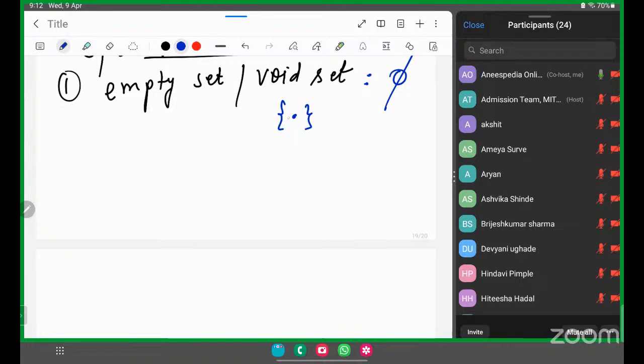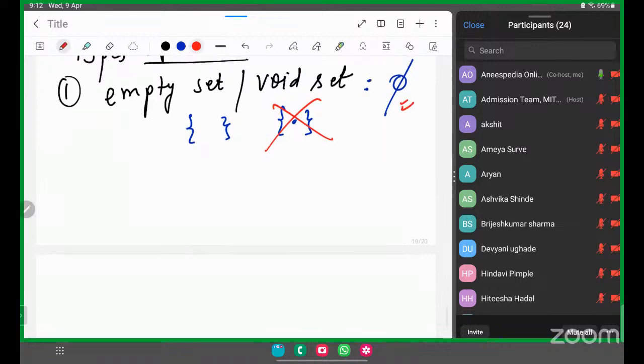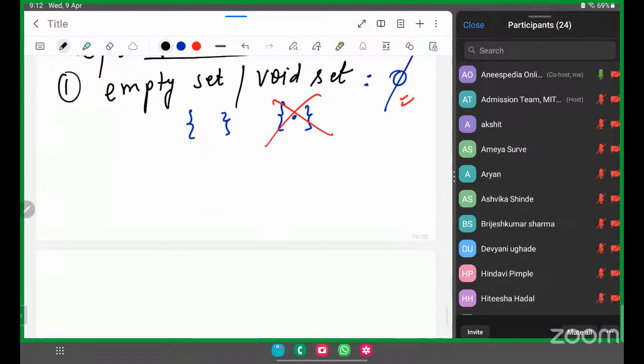If you put a dot, this will be wrong. So you have to just write simple curly brackets. Empty set or void set is a set which has no element. This is also known as the null set.